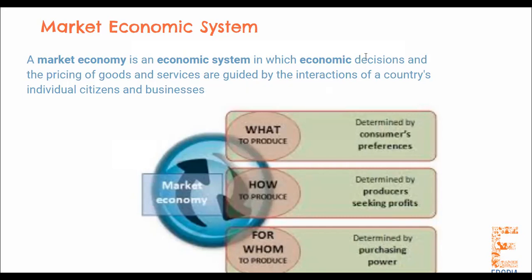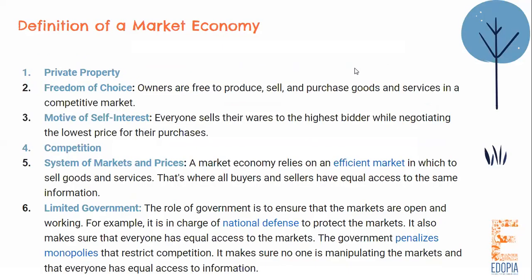This is what we mean by a private economic system. All the decisions are made by private individuals or businesses, with a very limited role of the government here. A market economic system has limited government.